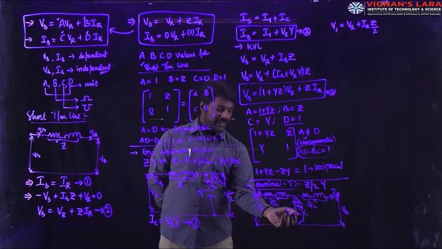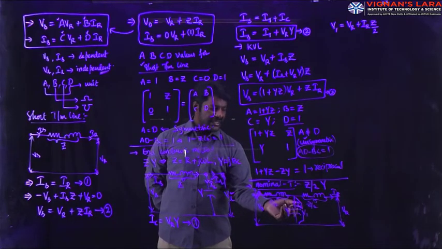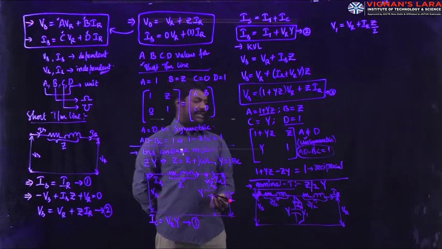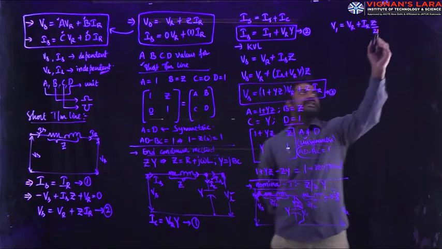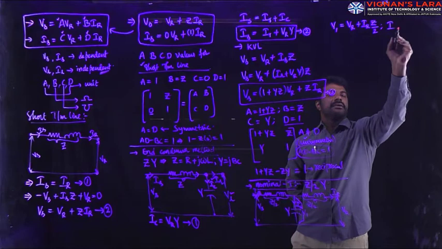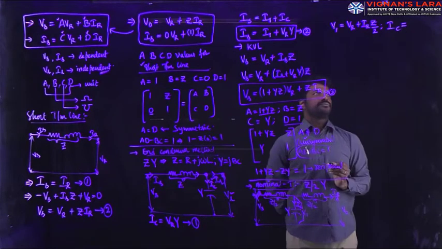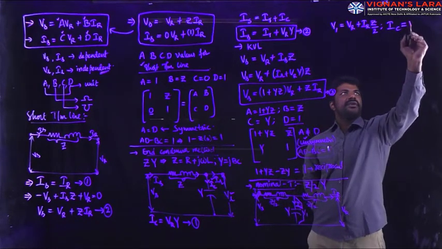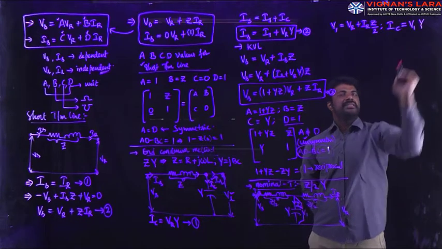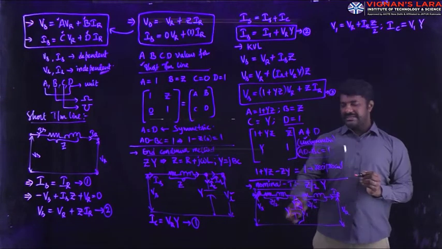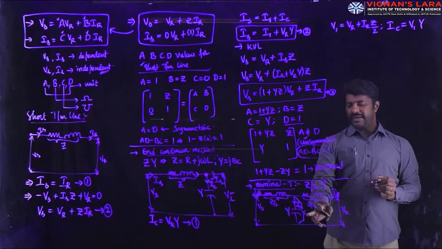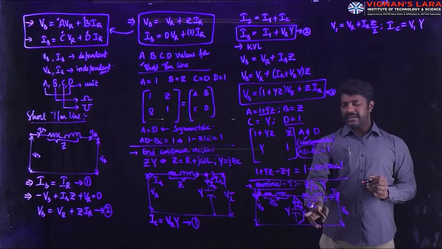After getting this V1, we know the branch voltage. Knowing the branch voltage, the branch current can be estimated. What is the current formula for a capacitor? The current in the capacitor is IC, which is equal to the voltage across it, V1, multiplied by its admittance Y. IC is equal to V1 into Y. What is V1?